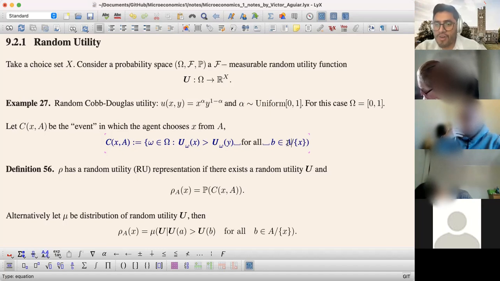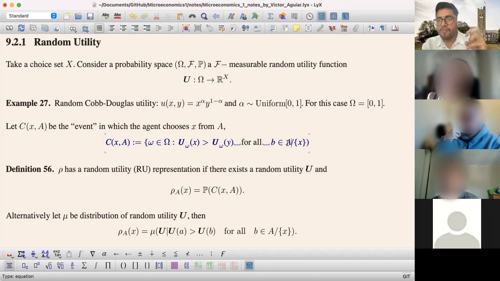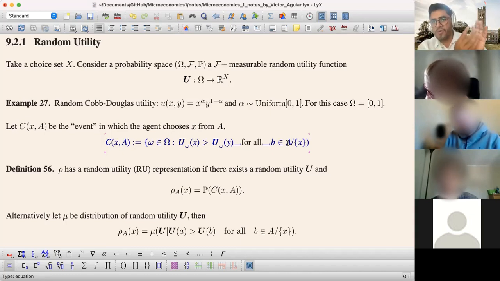Variation in the taste of Cobb-Douglas just changes how you rank alternatives. Variation in the states of the world changes how you rank cold versus hot drinks, right? But it is only a change in ranking. So that's the limitation of random utility. Omega can only be transformed into a ranking, right? In the end, it's going to be mapped to a ranking. So as long as you can take a combination of rankings and describe behavior with that, this is random utility compatible, right? Attention is something that is a little bit beyond that.